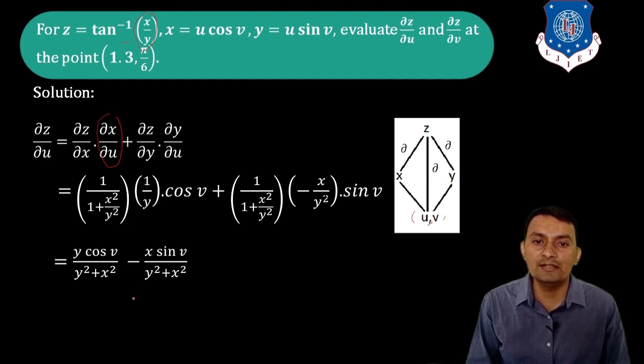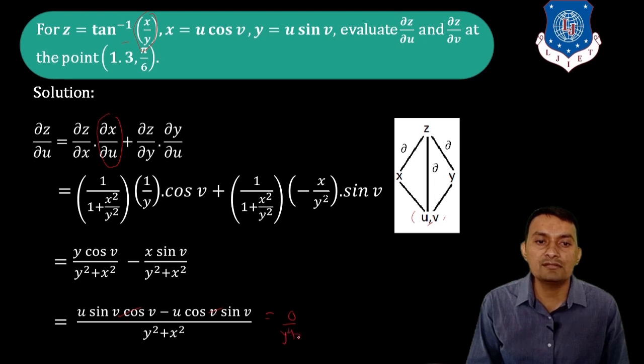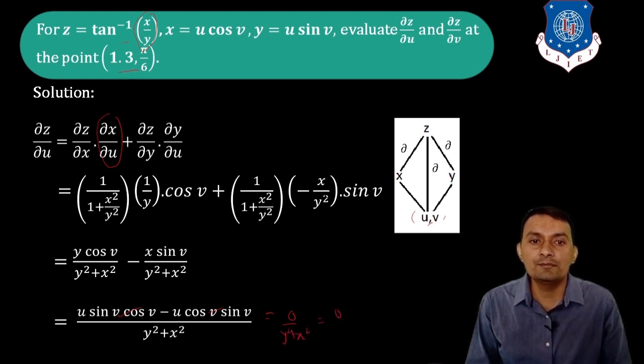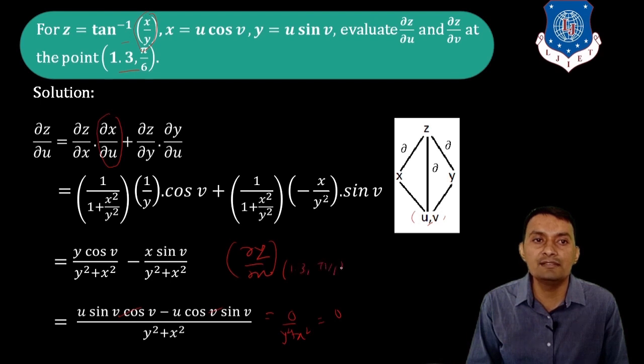But x square plus y square is there. But whenever you simplify, you will get this one, and this is exactly 0. 0 divided by y square plus x square, so you will get the answer 0. But we want to determine at this one point, that means del z by del u at point 1.3 comma pi divided by 6.